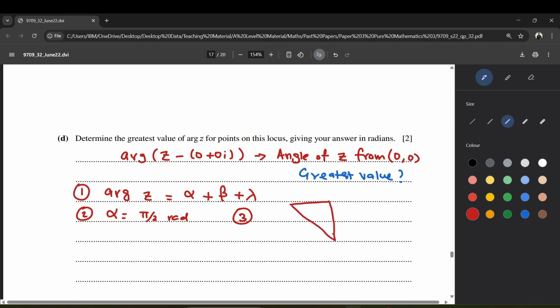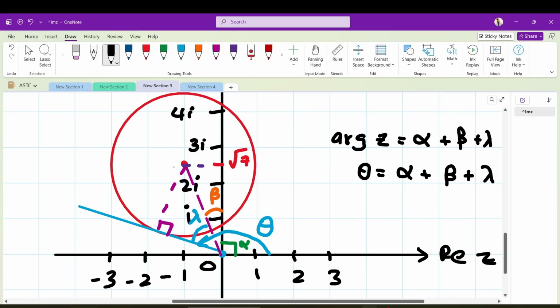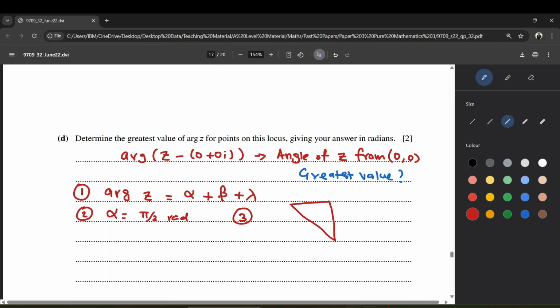Okay, let me show you on the graph how we got this triangle. You can see that this is the triangle that we have over here. So the vertical height of this triangle, that is root 7, then the base of this triangle, that is 1. Okay, and then you can see that this forms a triangle.